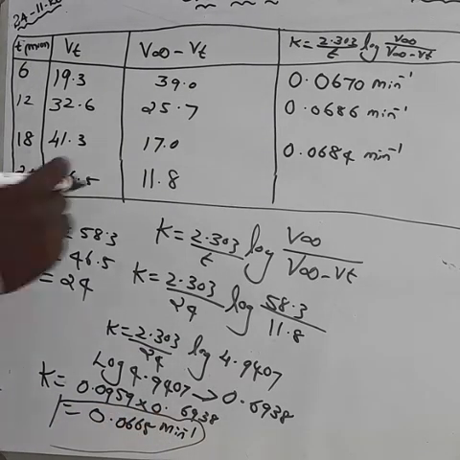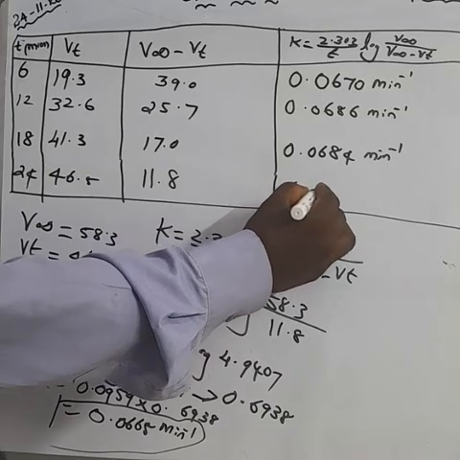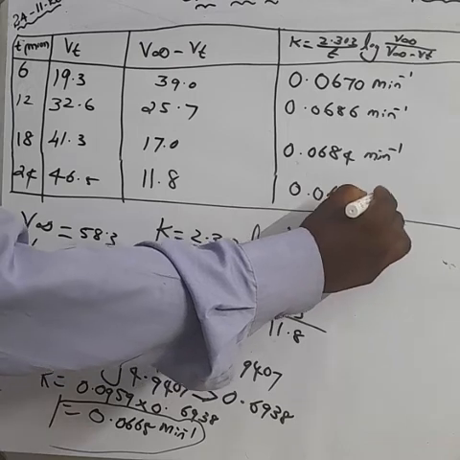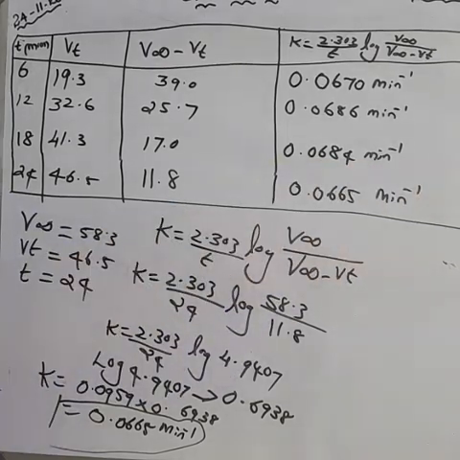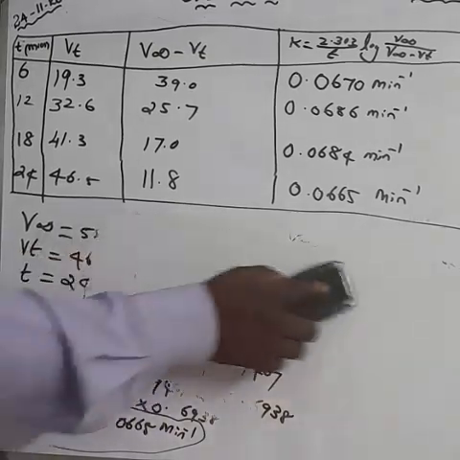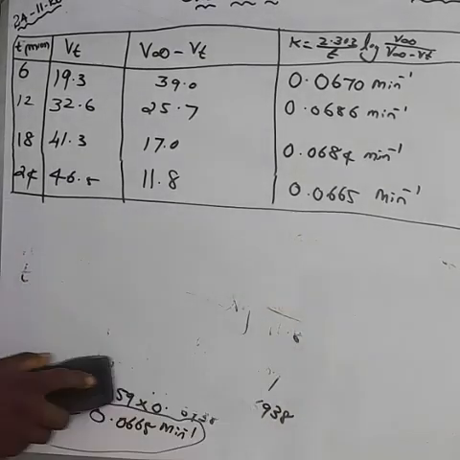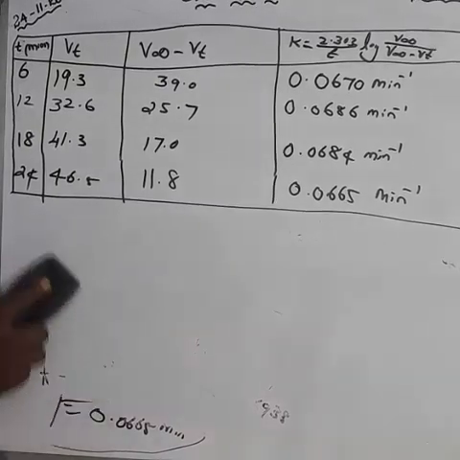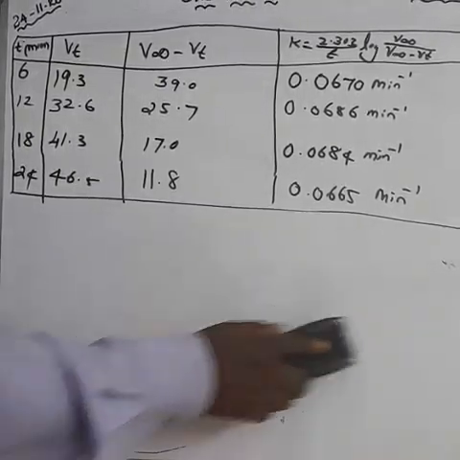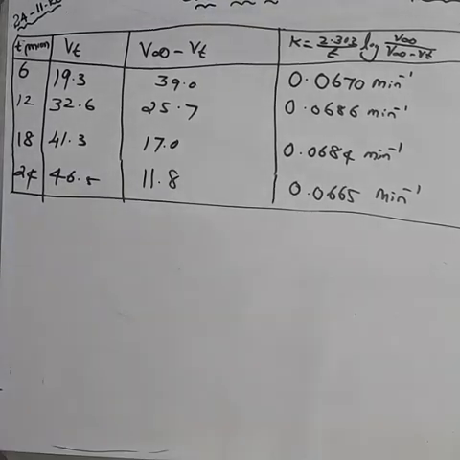What's the k value here? 0.0665 minutes inverse. Here please all of you check these values. All four values are really 0.06, am I right? We can say it is almost a constant value. So we have to take the mean value.